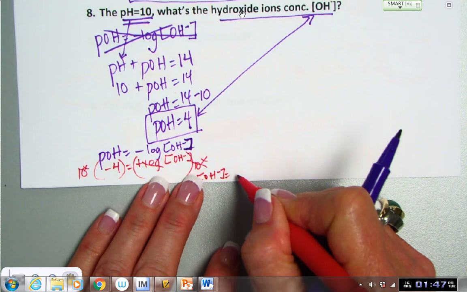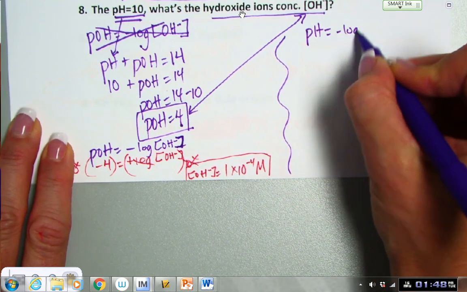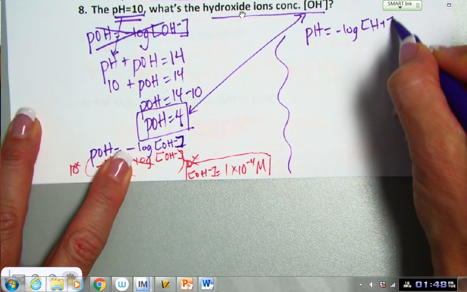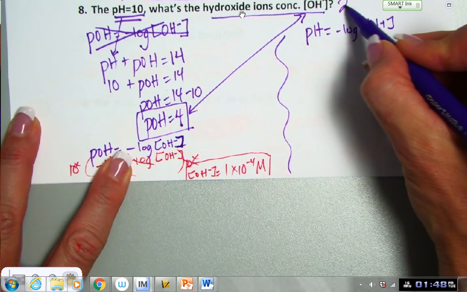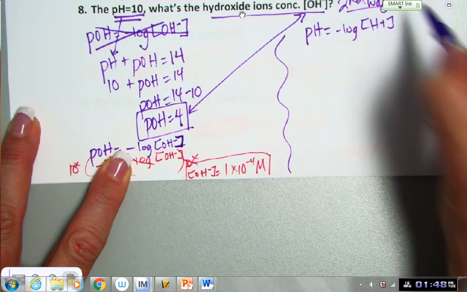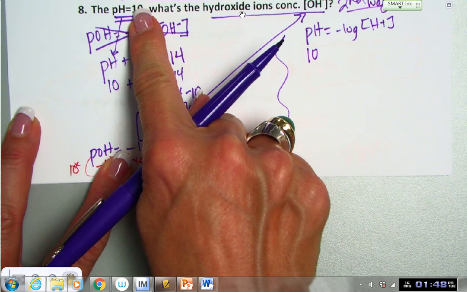Now, some of you may have thought of using the other combinational formulas for this, and you can. So if you by chance had a thought to use pH equals -log of H first, that would let you find the hydrogen ion concentration. So I'll go ahead and do it the second way. You plug in the 10, they gave you the pH, so 10 equals -log of H plus.